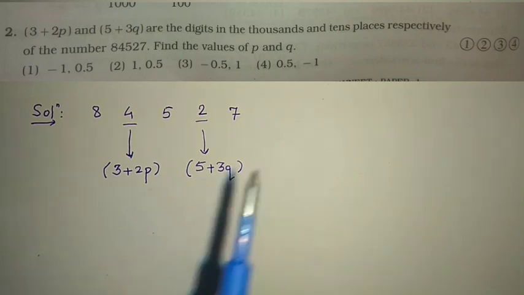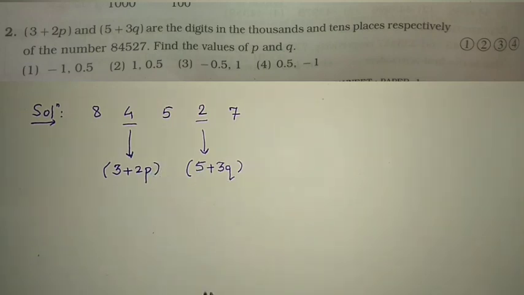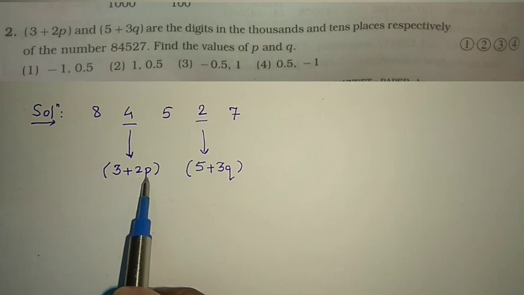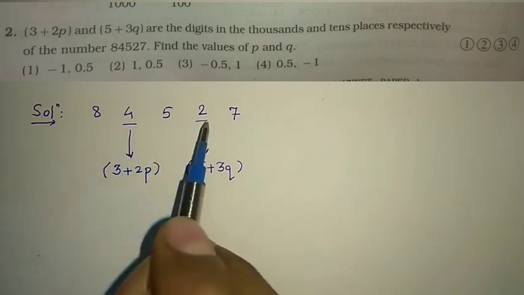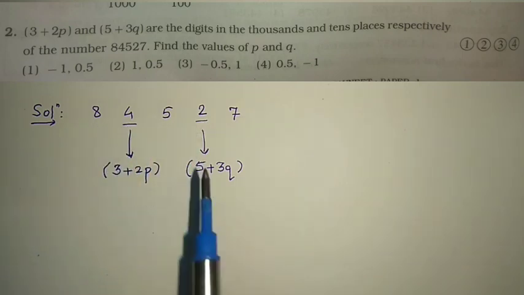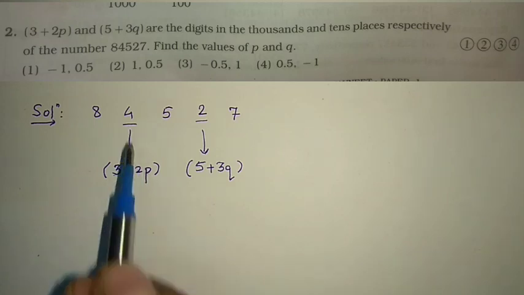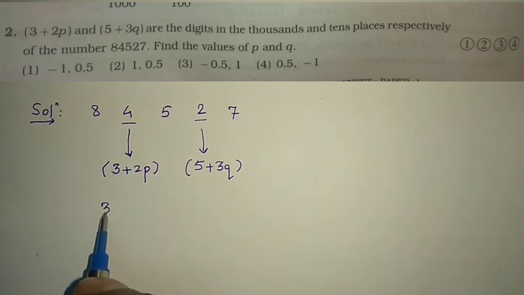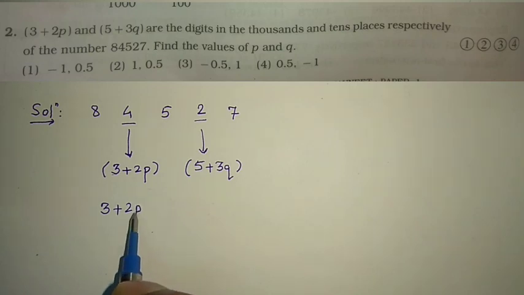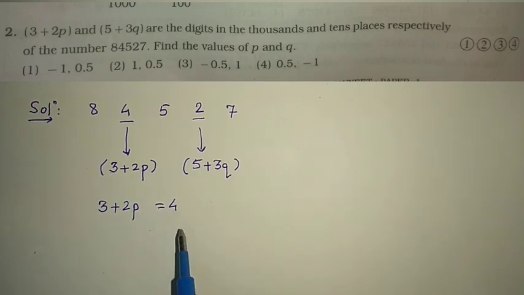So we have to find the values of p and q. 3 plus 2p is at the 1000 place, and in this number 4 is at the 1000 place. It means 3 plus 2p equals 4.